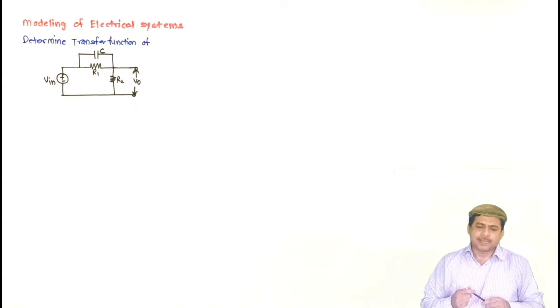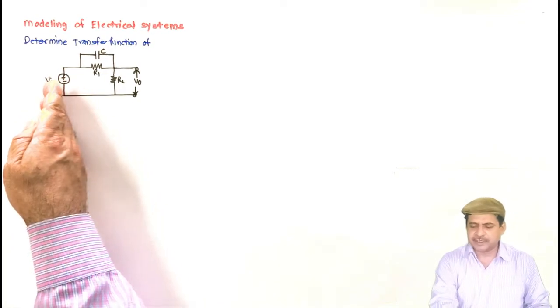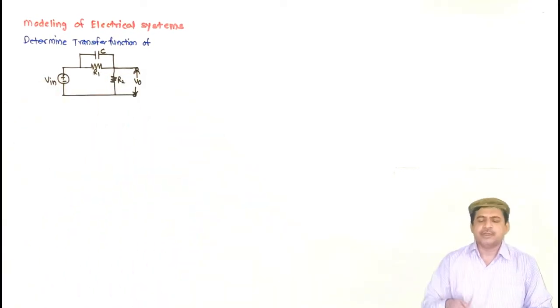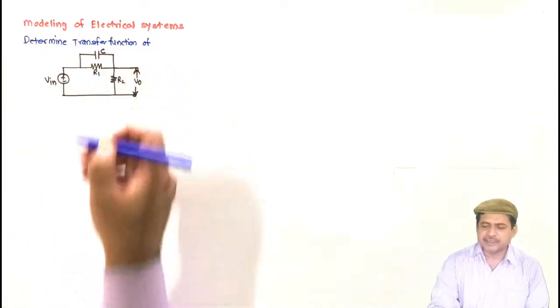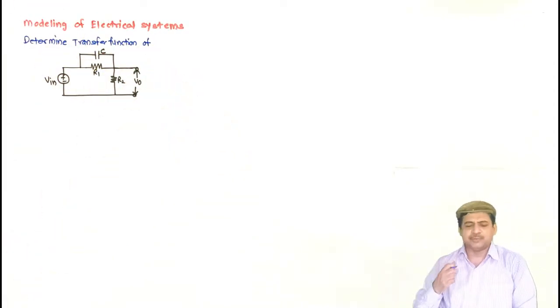Again, the input is V in and the output is across this R2, and that is V output, and we have to find out the transfer function of this circuit, that is V output of S by V input of S. We can find out the equations for this system by mesh analysis as well as nodal analysis.